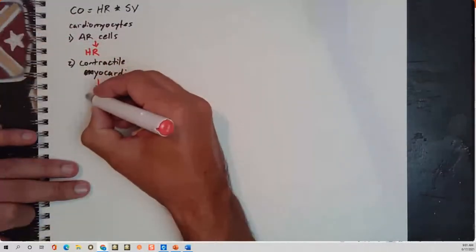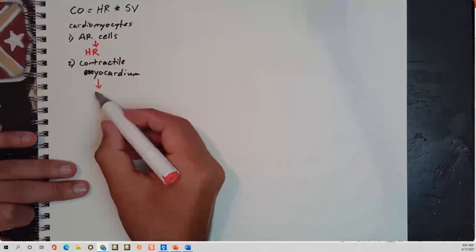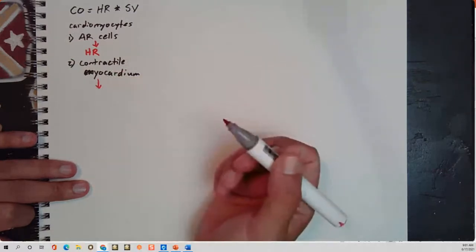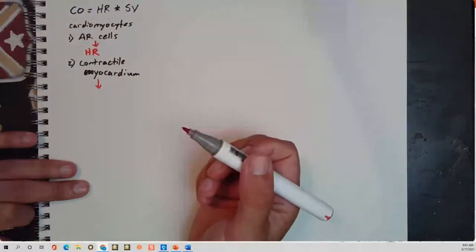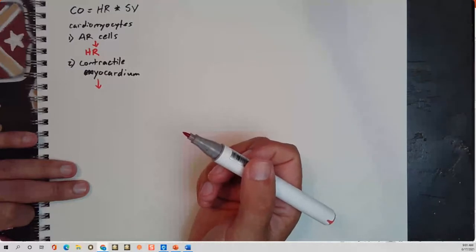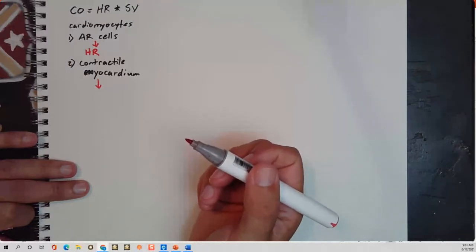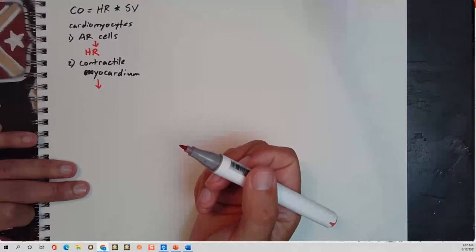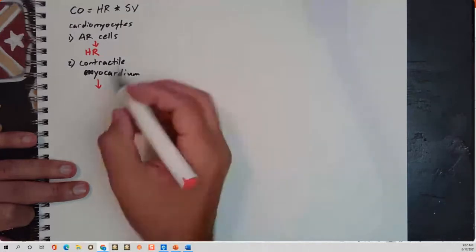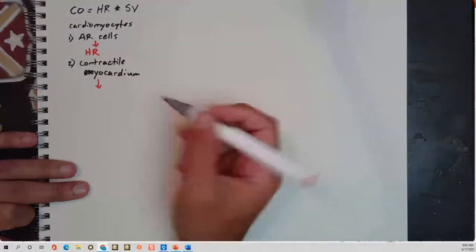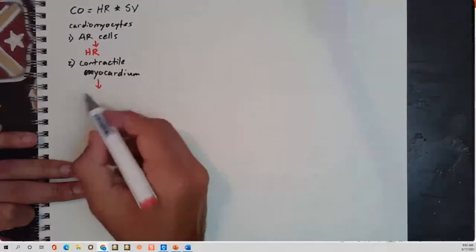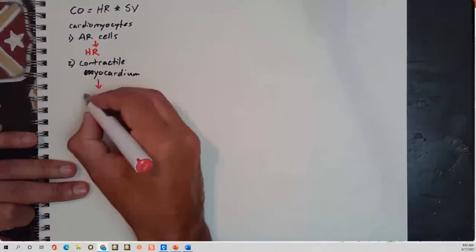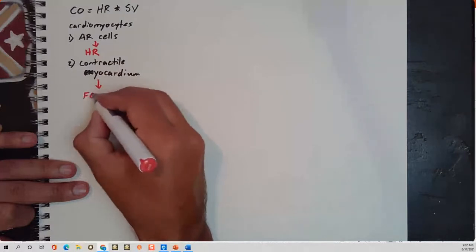Okay, they control the force of contraction, but that force of contraction is controlled by, what did we learn yesterday? Force of contraction is proportional to what? Good, calcium. So we got this contractile myocardium. It's going to be all about calcium, and that calcium is going to drive the force of contraction.